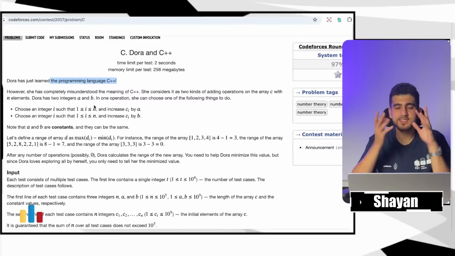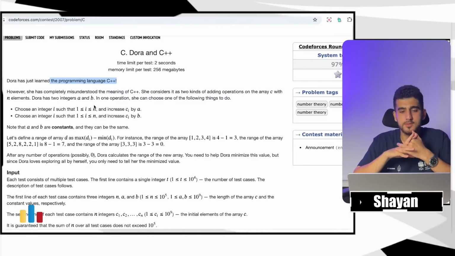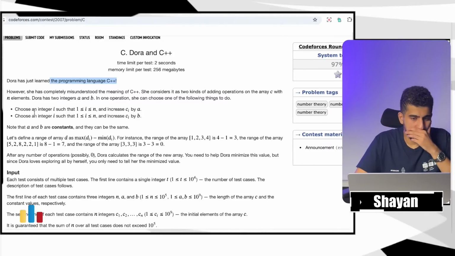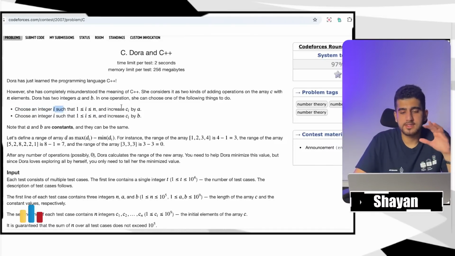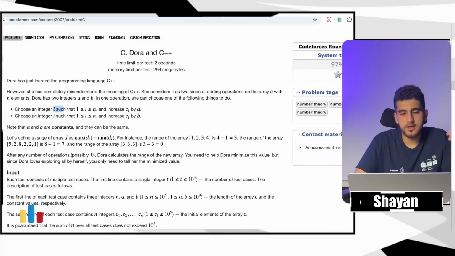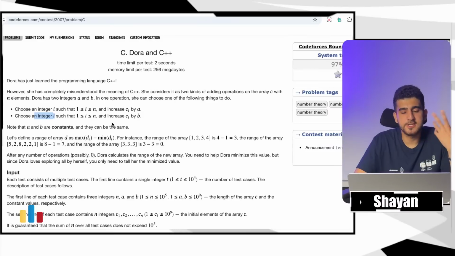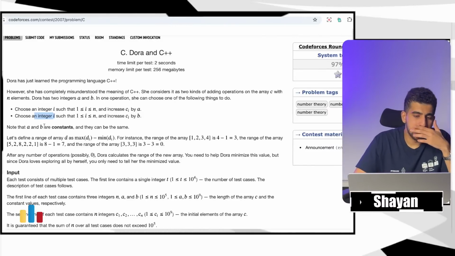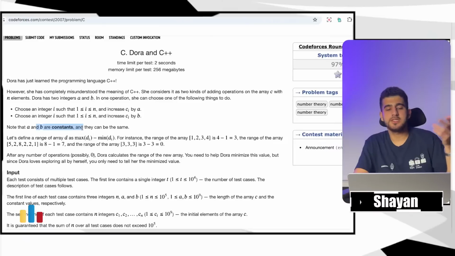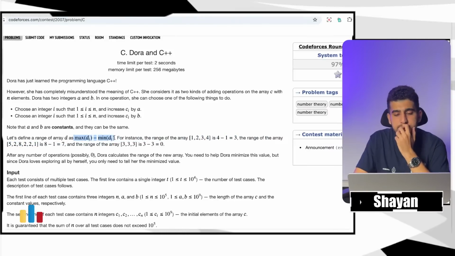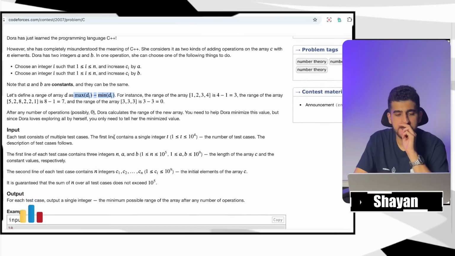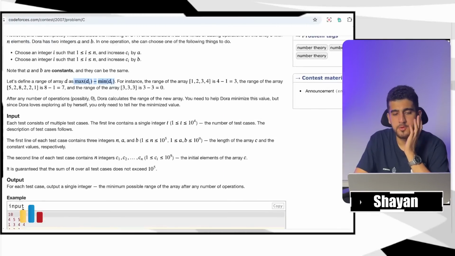This problem is so much mathematics and number theory as well, like problem A. You can choose an integer i such that i is between 1 and n and increase c_i by a, or choose an integer i from 1 to n and increase c_i by b. a and b are constants and they can be the same. You want to minimize the range, the difference between the maximum value and the minimum value. You have to say what is the minimum range that you can achieve.